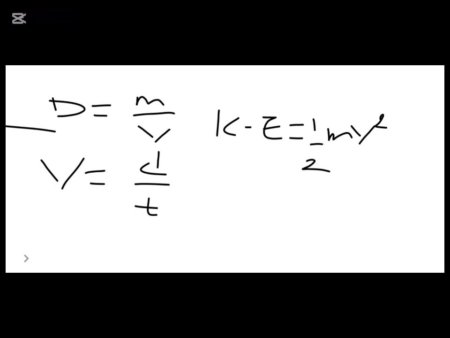This is made up of base quantities. Mass is a base quantity. Frequency is equal to 1 over time, and time is a base quantity. Work is a derived quantity.